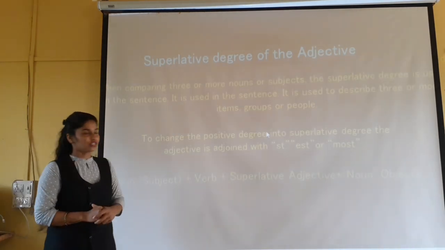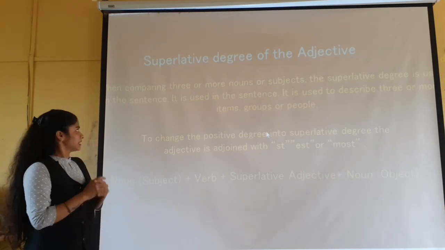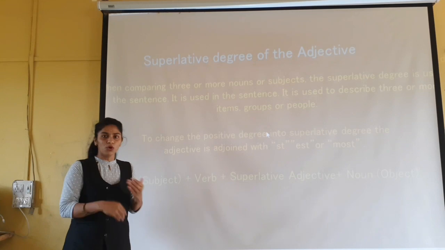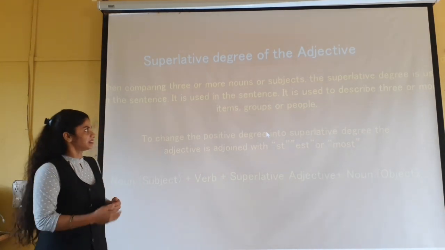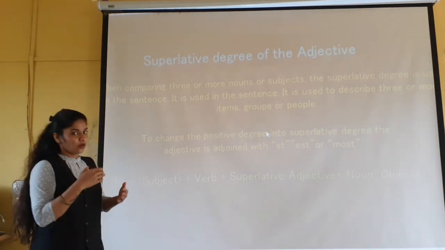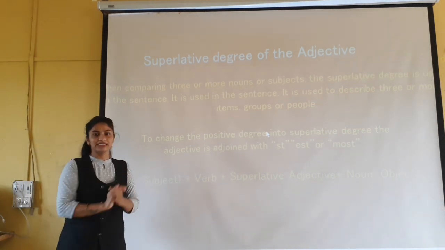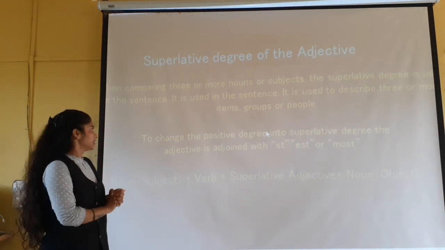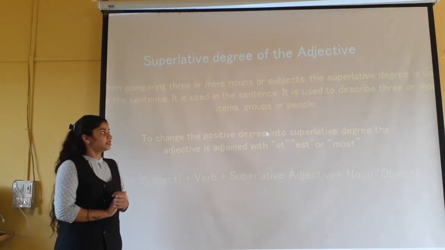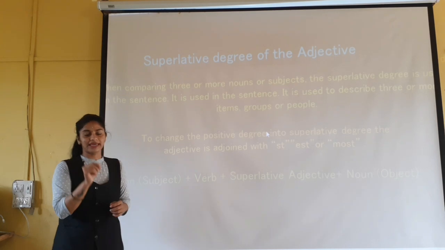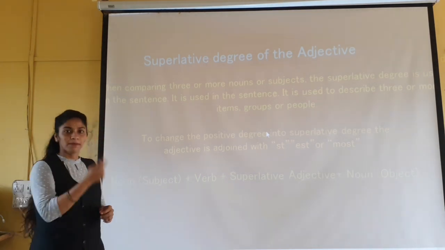Superlative degree of the adjective. It is comparison between more than two persons, subjects, or you can say groups or items. It is used when it is a superlative degree. To change the positive degree to superlative degree, the adjective is adjoined with st, est or most.